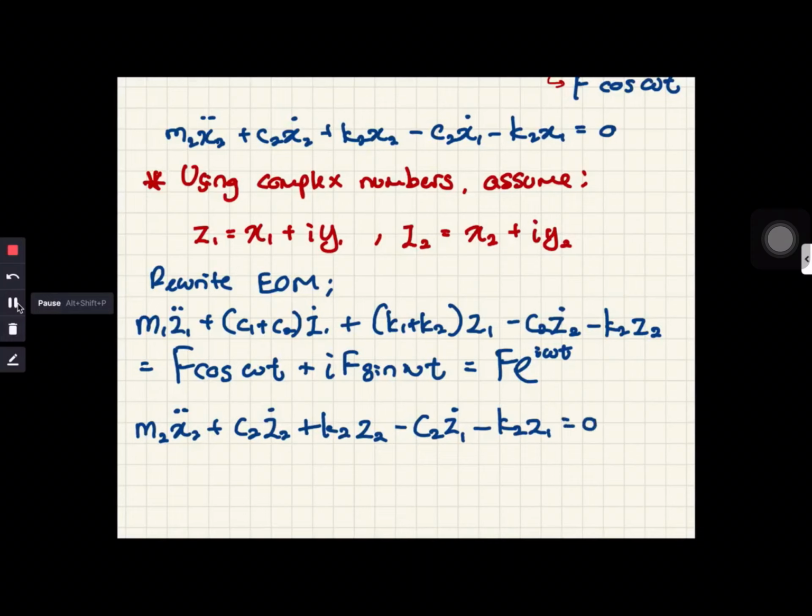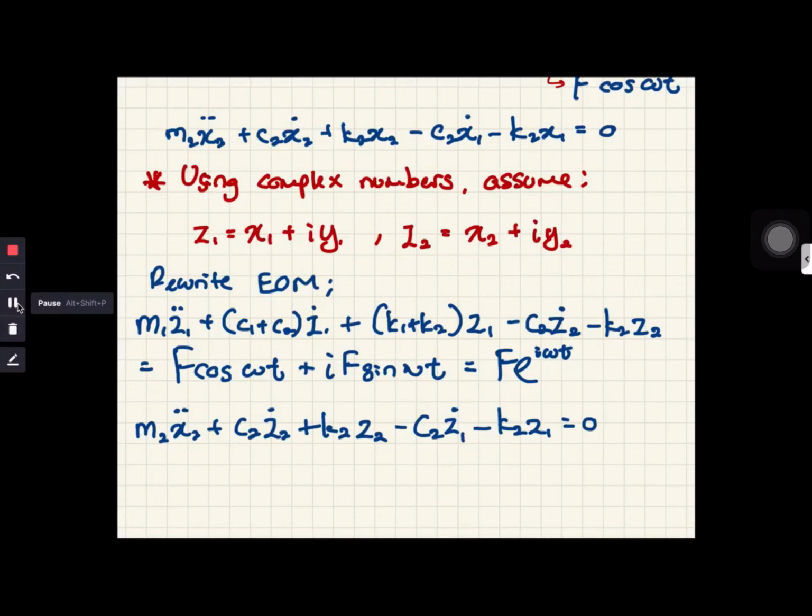So this is using complex numbers. If you refer to the slide, or if you refer to the textbook, it uses the impedance matrix. So you can also use that method as well. What I'm showing you is another method.